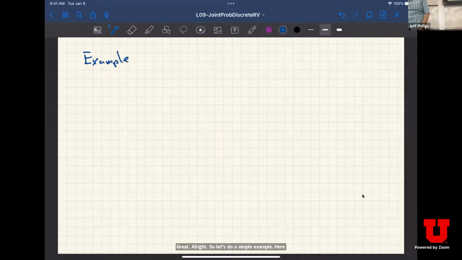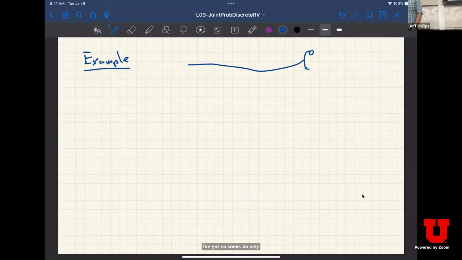Okay, and this is an example from signal processing. So let's say some wire here, and people are talking on the telephone across this wire.